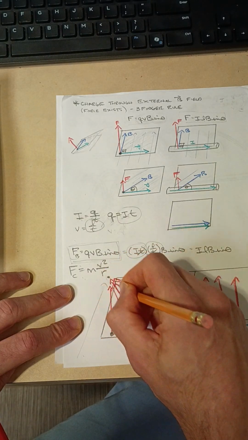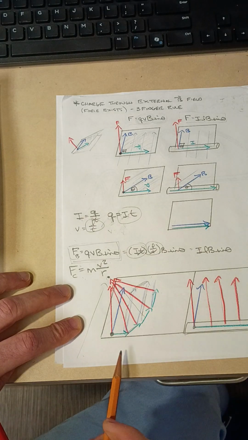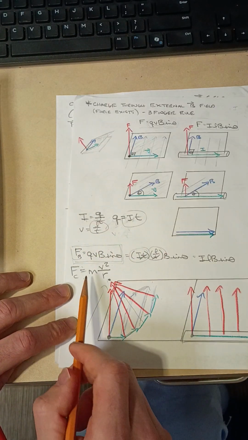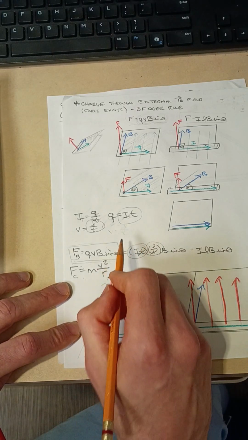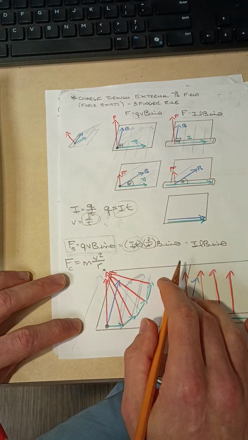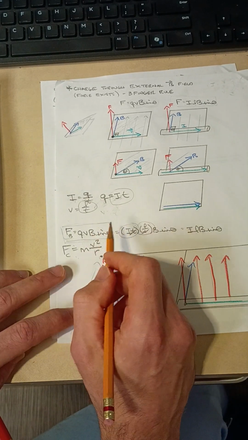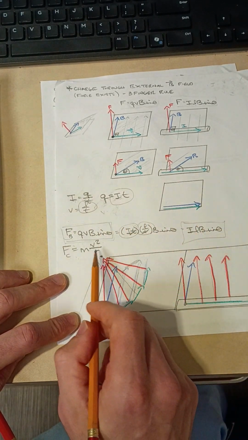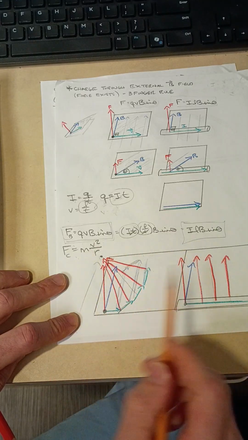So this is the radius. You can also represent this charged particle moving around as centripetal force. So you can set these two equal to each other and solve for some things. So just remember these three formulas whenever you're dealing with external magnetic fields.